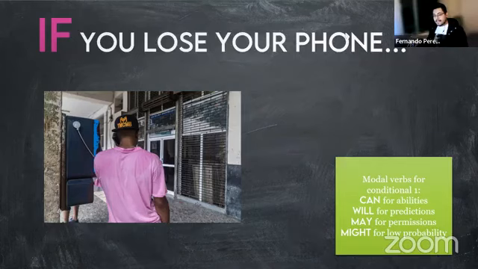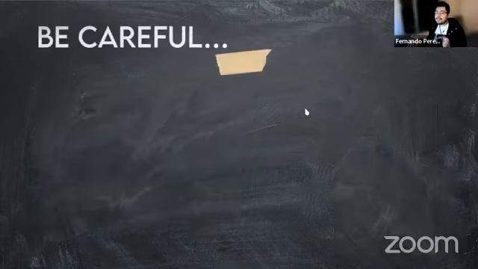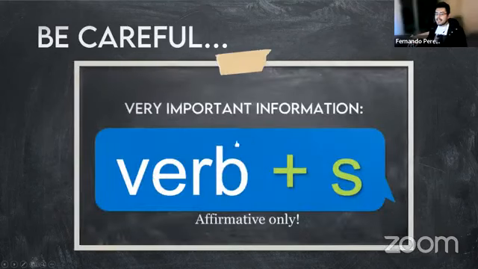In the conditional, especially in this conditional, we are talking in present. So it's super fundamental that you use the verb plus s. Don't forget to use the verb plus s because you are talking in present.